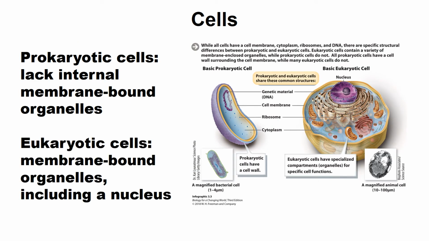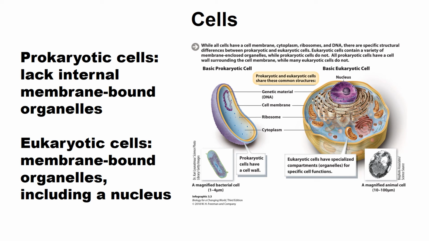So there are two main types of cells: prokaryotic cells and eukaryotic cells. Let me tell you one very important difference between the cells. Prokaryotic cells do not have what we call membrane-bound organelles. So these are basically the organelles that are found within the membrane. They're basically bound there, if you will.